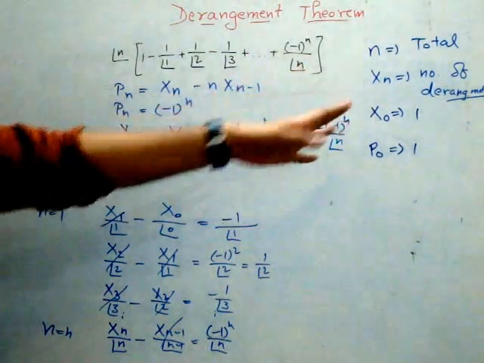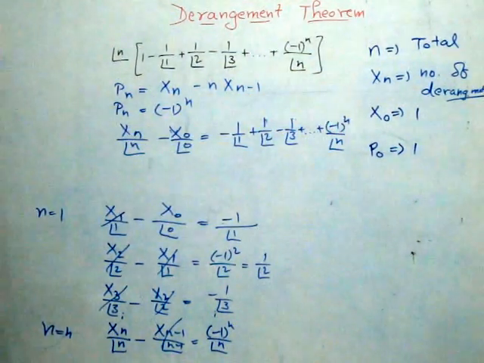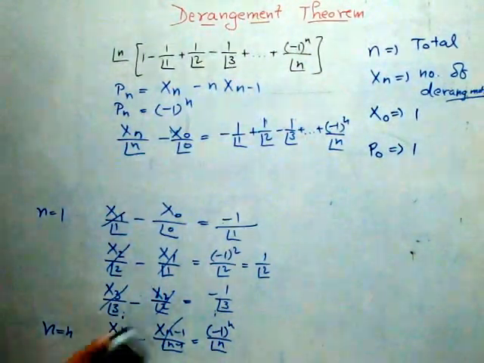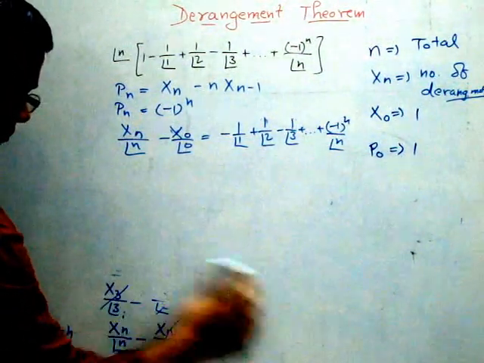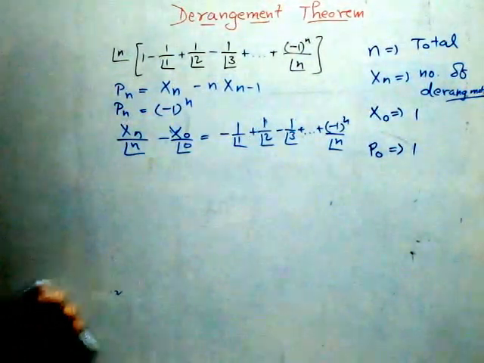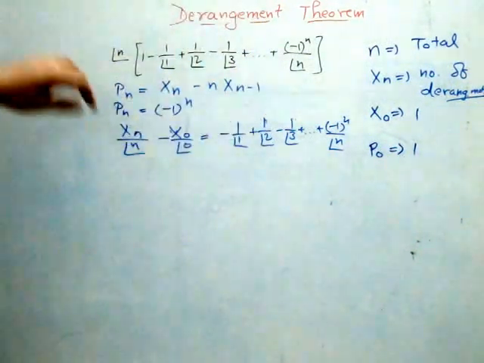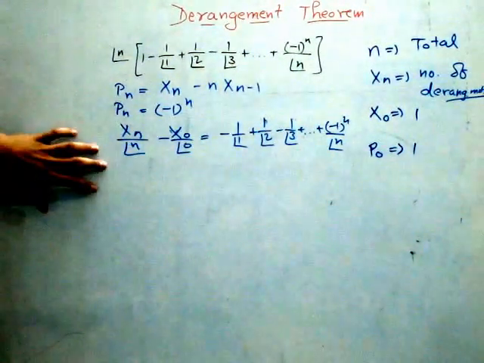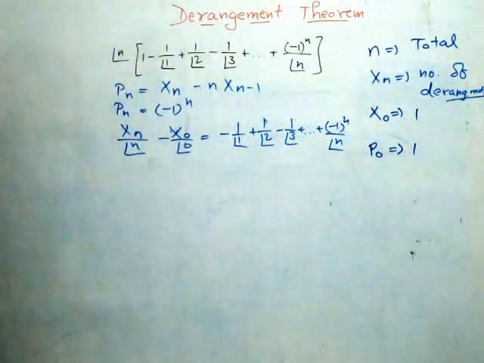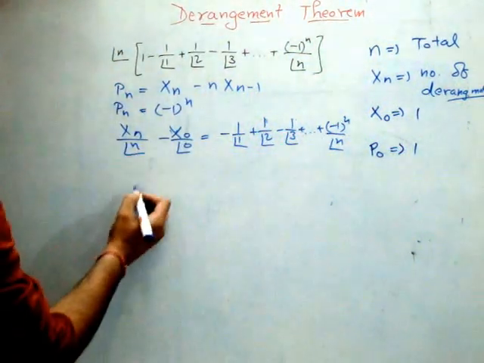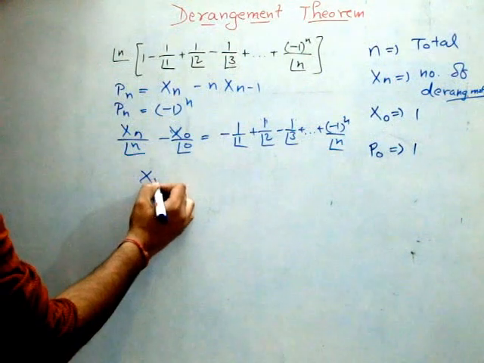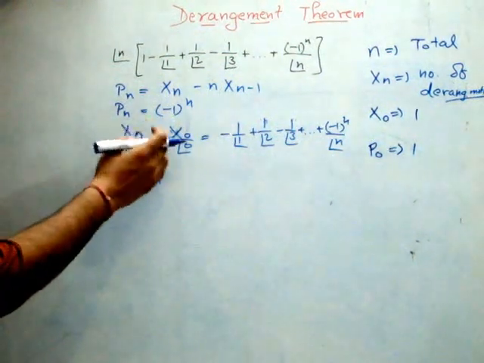Now this x0 is equal to 1. We have seen that already. So we can write the same thing as xn upon factorial n. I mean this 1 is like 1 upon 1.